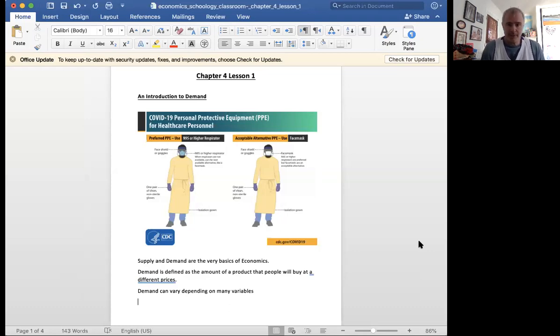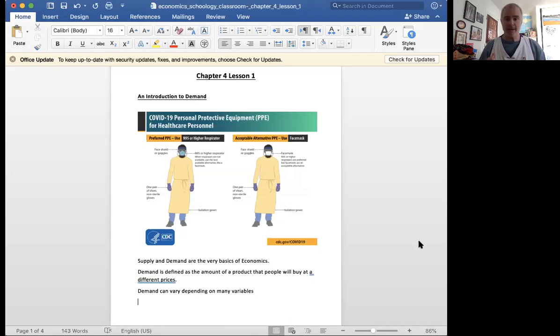Let us please go ahead and begin our new chapter, our new section, and we are beginning a discussion into some of the very, very basics of economic theory. Up to this point, we've done economic terms, key, important vocabulary that you're going to need to know in order to best understand and discuss and break down issues of economics.